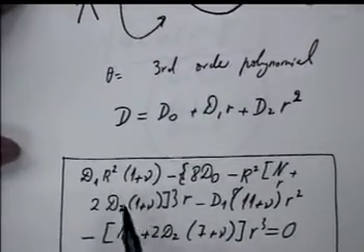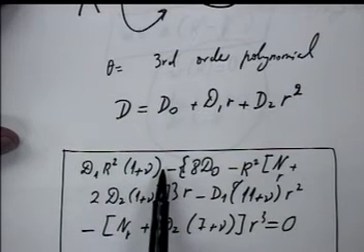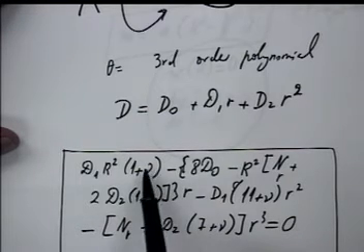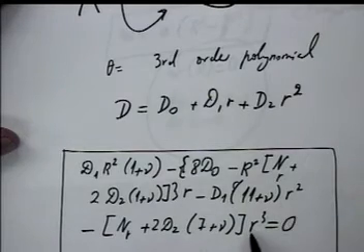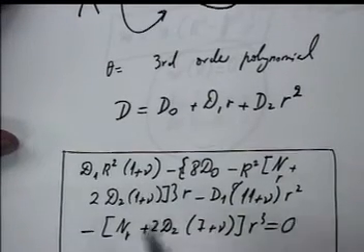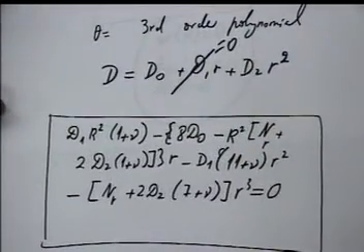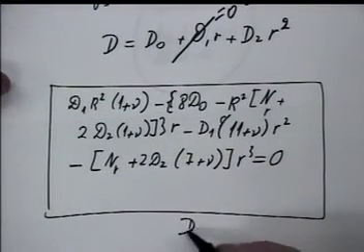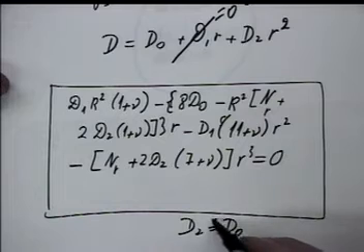Okay, from here we see that, look please, d1 must be 0 because there is nothing here, and this is a constant term. This is r in zeroth power, this is r in first power, r squared, and r cubed. So d1 must be 0, so this term is vanishing. And it turns out that d2 equals minus d0.